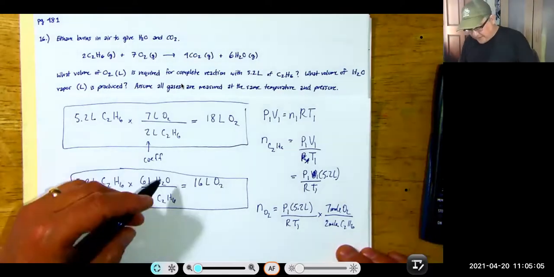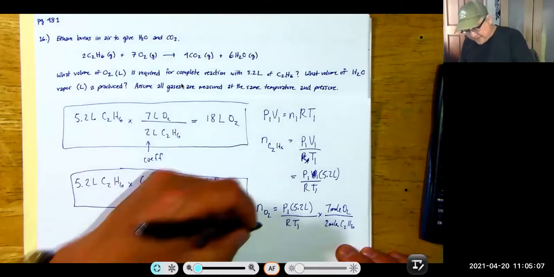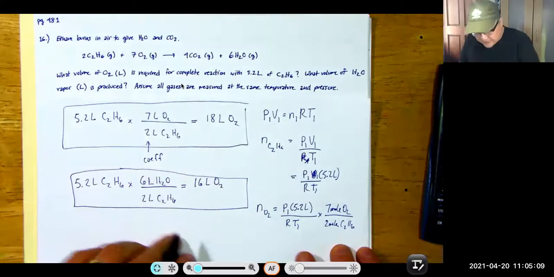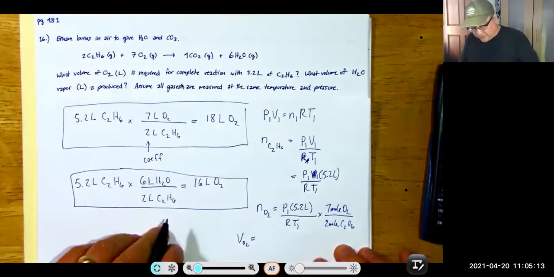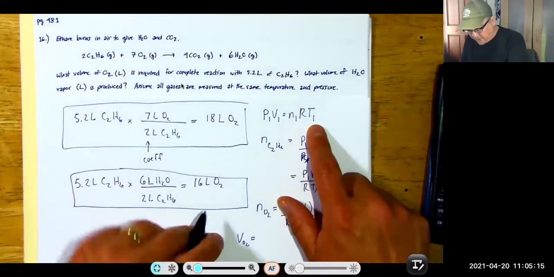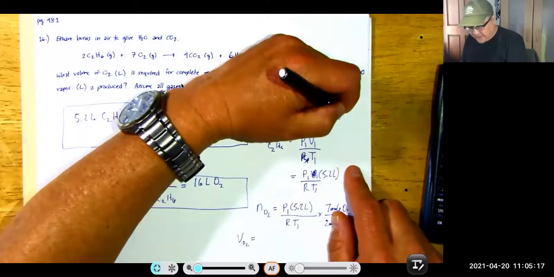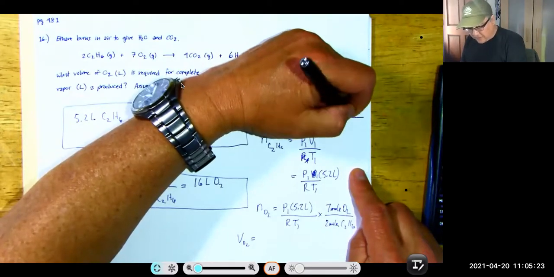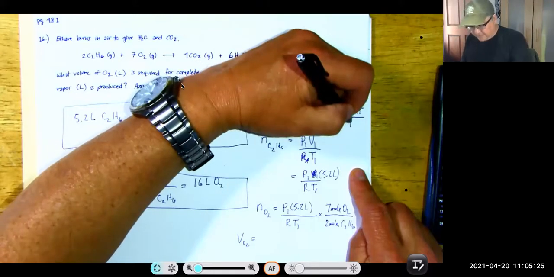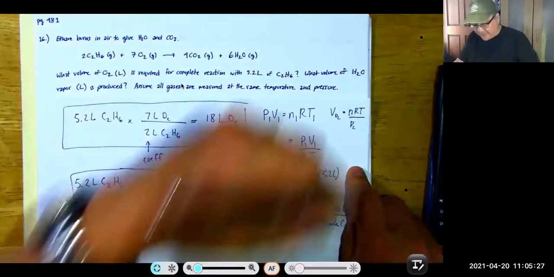Okay. And then finally, to get the, what was the answer? We need the volume. The volume of O2 would then be equal to nRT over P2, or P, yeah, that's it.